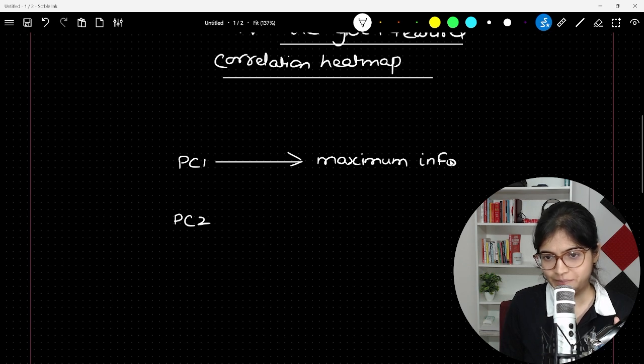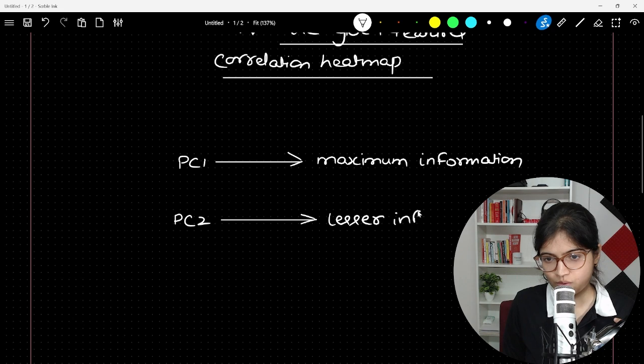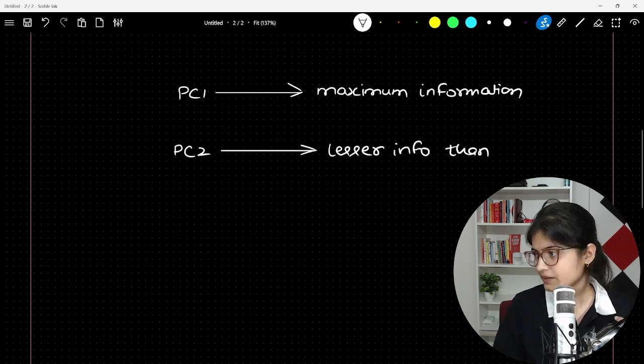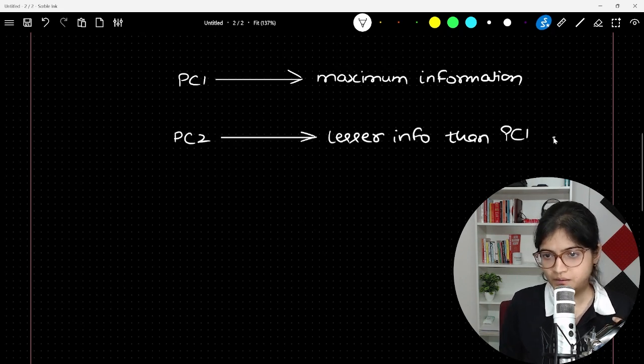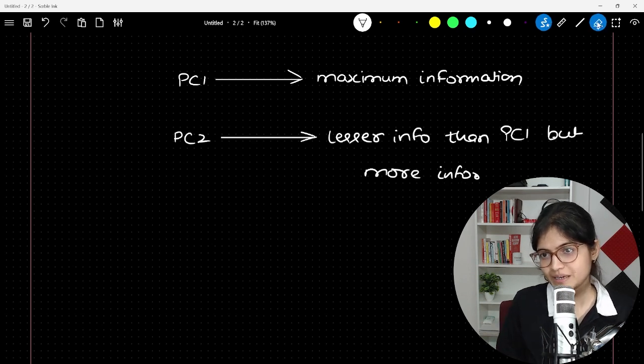Then PC2 will have lesser info than PC1, but more info than PC3.